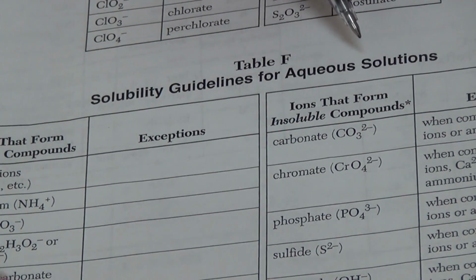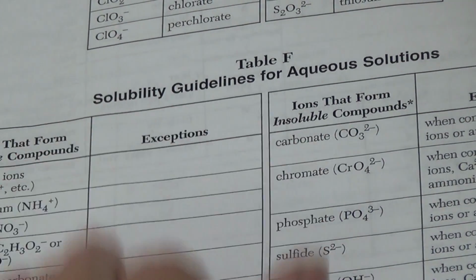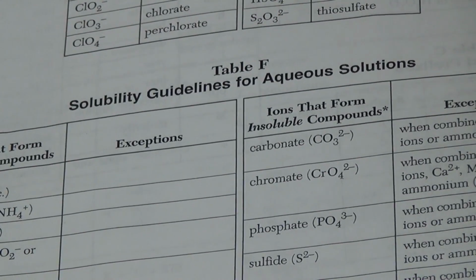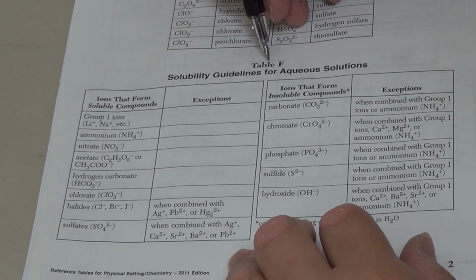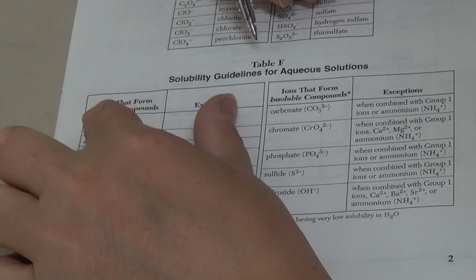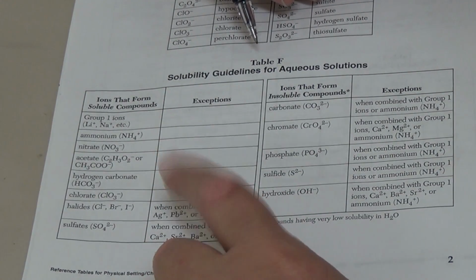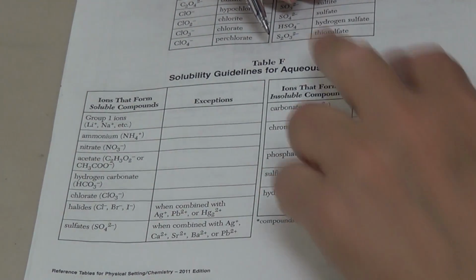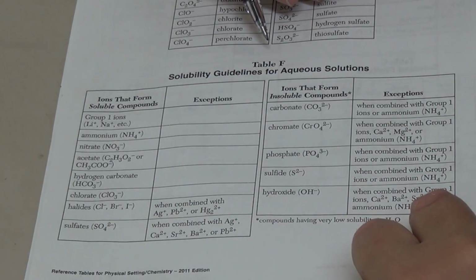Basically, it tells you which things are soluble, which will be over on this side here, and which things are, well, let's back this up a little bit. Reference Table F gives you your solubility guidelines. Anything on this side? Well, that would be soluble, except when combined with these guys. And over here, these are insoluble, except when combined with these guys.